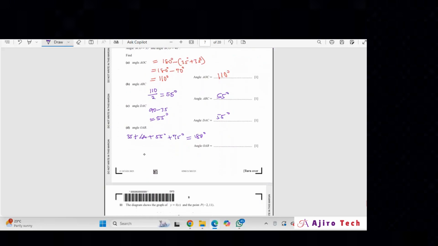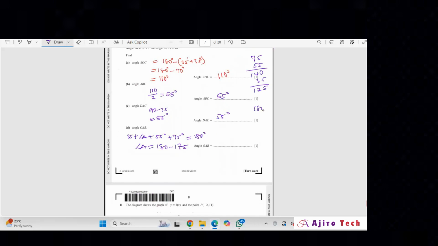So from here, let's first add these together. Let's first add this and this together. 75 plus 55 is 130. Plus 35 gives 165. So we're going to have angle A is equal to 180 minus 165.